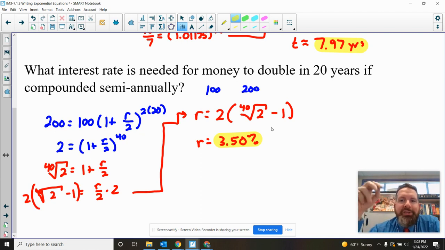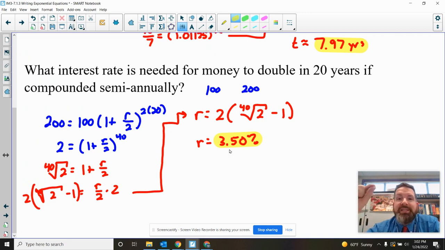Now, be a little bit impressed by this. If you want your money to double, which is really a 100% increase, that can happen if it increases only 3.5% each year over those 20 years. One of the most fascinating things in all of mathematics is exponential growth, and you're seeing it in action here.